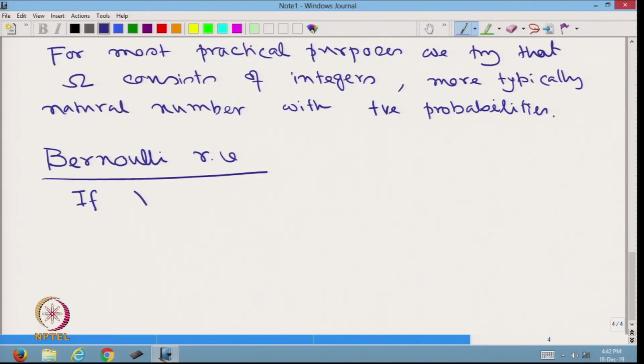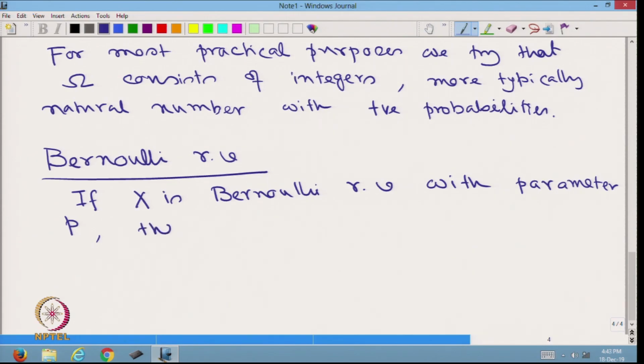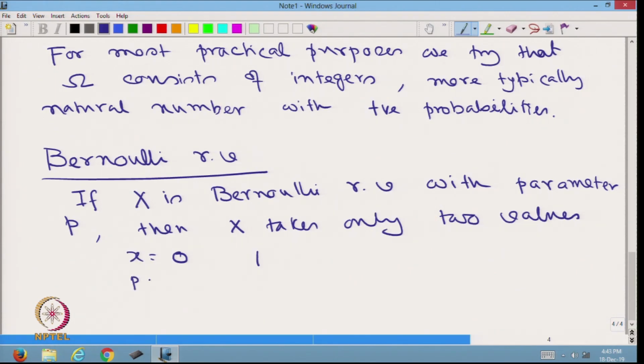If x is a Bernoulli random variable with parameter p, then x takes only two values 0 and 1, and their probabilities are 1 minus p and p, where 0 less than p less than 1.